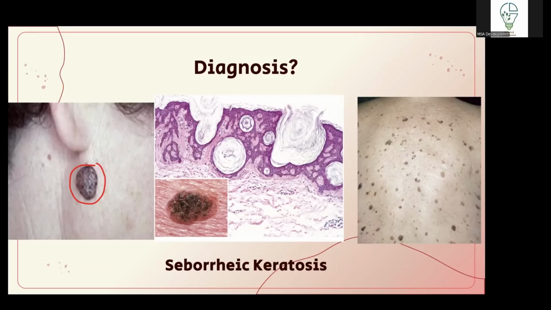Now, what do you see on histology? You have these cysts. What do we call these cysts? Pseudocyst or horn cyst. This is a horn cyst. What is this, which is going into the epidermis? Another cyst, which is all keratin. Invagination cyst. Why is it invaginating?